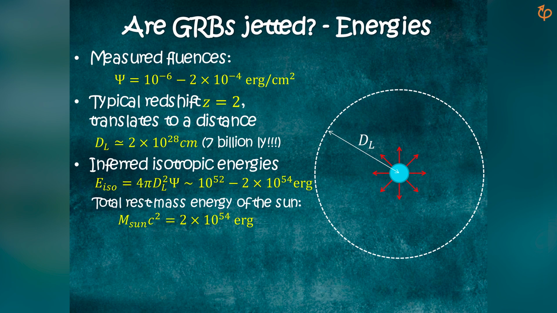The typical distances that we measure from the location of the gamma ray burst to where we are looking are about 7 billion light years away. The way that we know that is that we can measure the redshift of these objects.